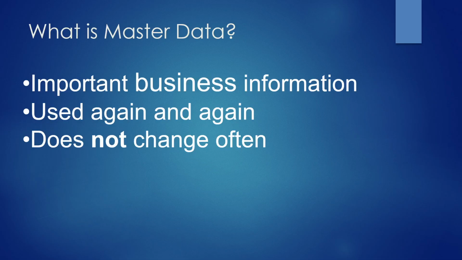It might have multiple different ship-to addresses and different information, but it stays the same, and it is used again and again, meaning that for example, we use it for sales order, for delivery, for invoicing. So that is called master data, where we use the same information again and again, and that is important business information.